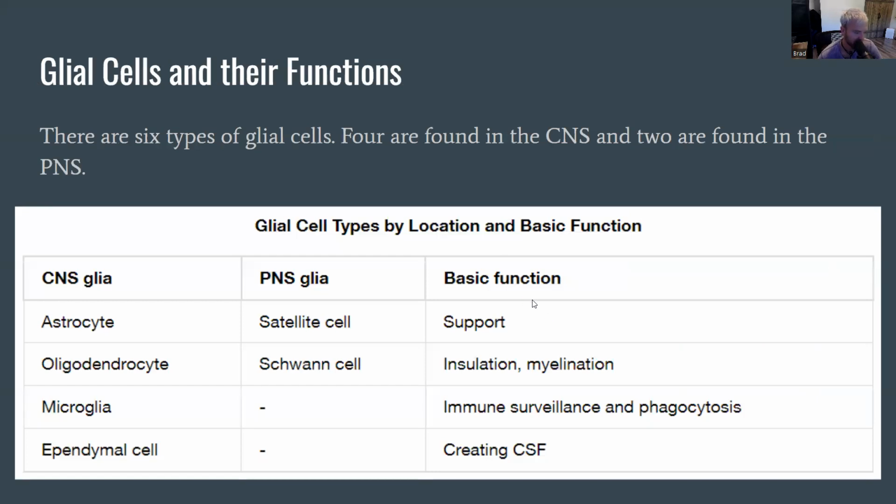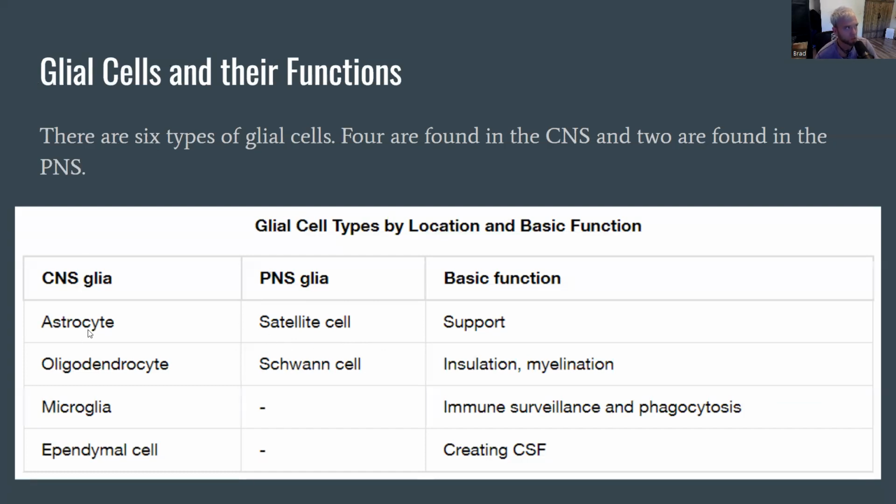Okay, moving on from neurons. Remember that the two different cell types we find in the nervous system are neurons and glial cells. Next we're going to look at the different types of glial cells. Now, there are six types, but two of them are pretty much the same, with slightly different structures.